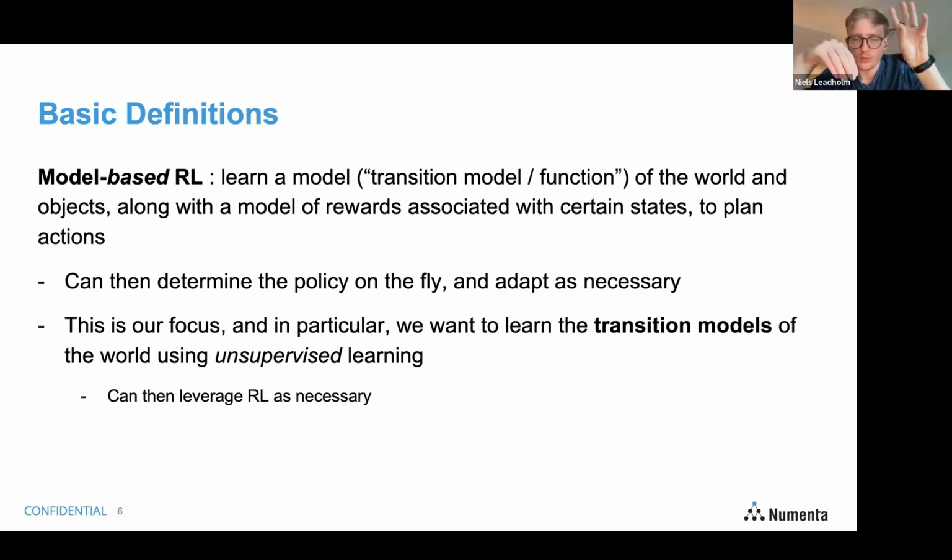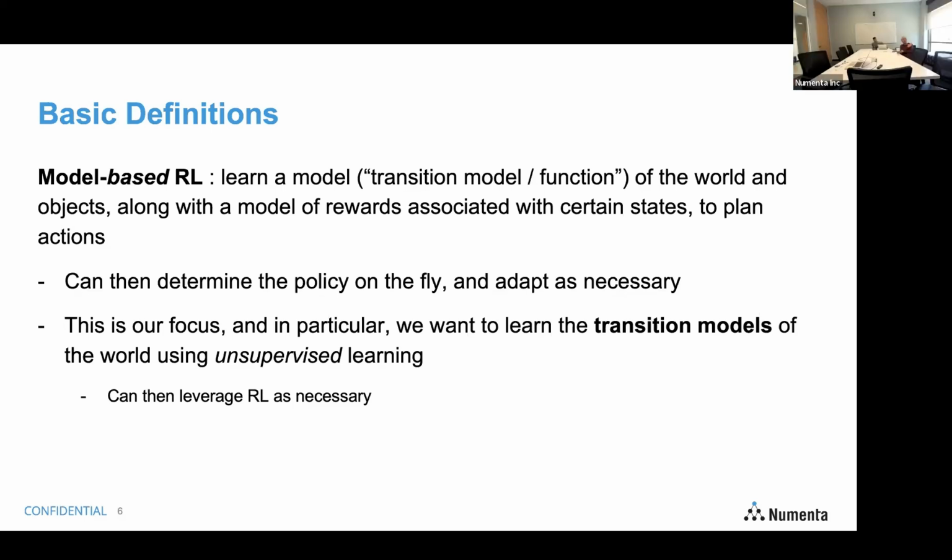With those two, understanding what causes one to move between states and what rewards are associated with particular states, it's very easy to develop policies on the fly and adapt as necessary. So if a blockage gets put on a road, you can refer to the model and find a way to go around it.